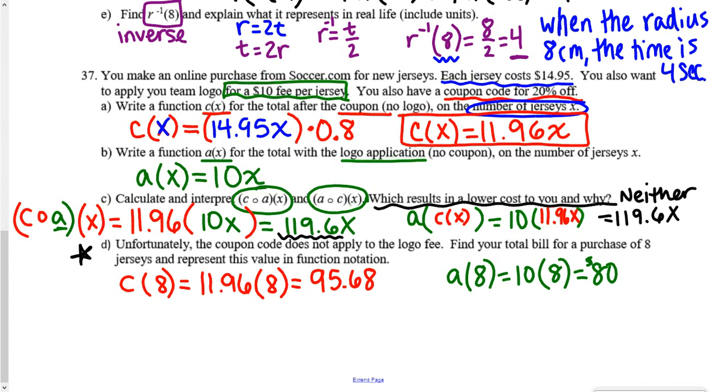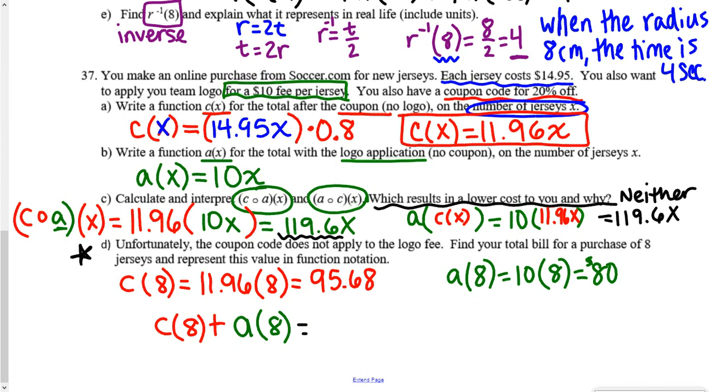Am I going to plug either of these functions into each other? No, I'm not. What I'm going to do is I'm going to add these functions together. I want to buy my jerseys, 8 jerseys, and then I want to buy my 8 logos. So I put those two things together.